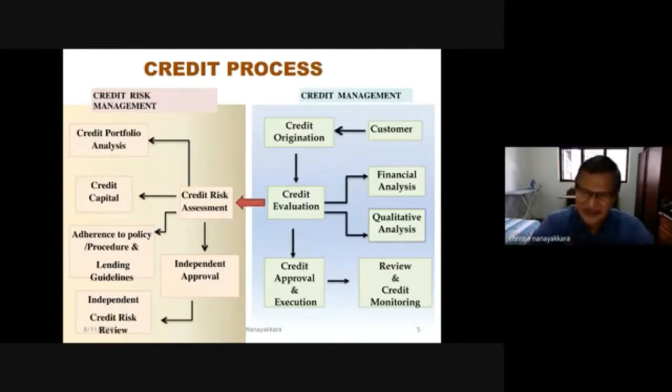It could be a letter from the employer certifying your earnings, or if you are a business person, the last 3 years' balance sheet. If you are banking somewhere else, the last 6 months of your banking sheets or your statements issued by the bank.